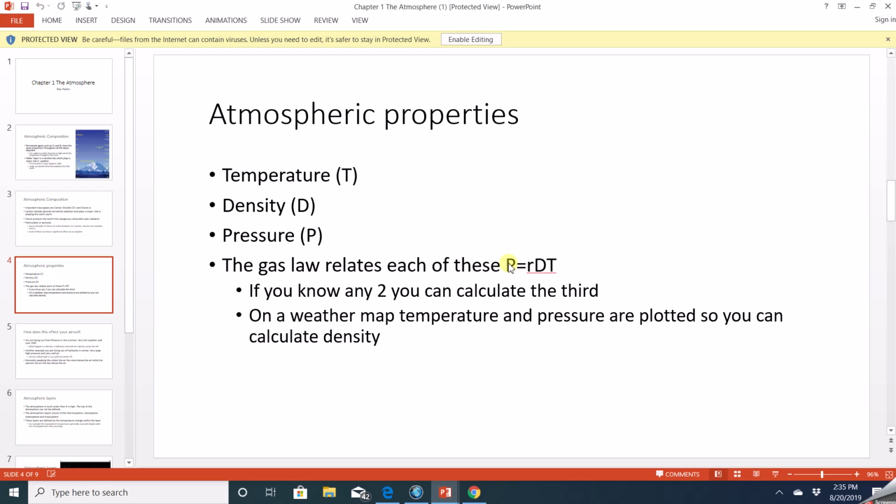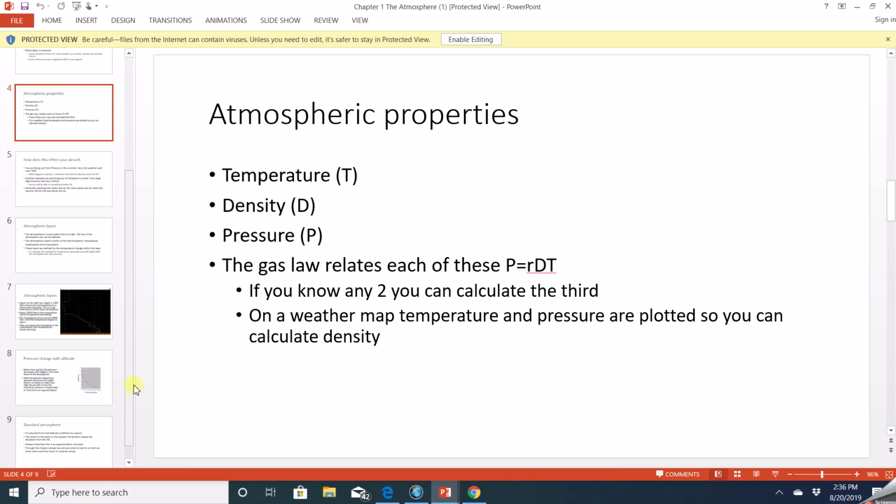So the pressure of the air wherever you are is going to equal a constant times density times temperature. We're going to go into more detail on what each of these things are. Temperature you might be kind of aware of, but we're going to talk about temperature, density, and pressure. Just know that if you know any two of them, you know the third. And when you look at a weather map, you always will know two of them. So it's something to know as you're beginning to get into this coursework.